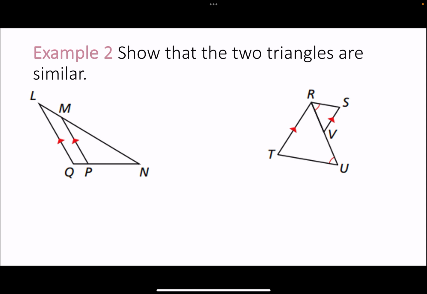In example 2, we aren't given any sides, we aren't given any angles whatsoever, but we are told by these arrows that we have 2 parallel lines. Well, anytime we have parallel lines cut by a transversal, our corresponding angles, same side, same position, have to be congruent to each other. Those are our parallel lines. This is our transversal. Likewise, angle L and angle PMN are also congruent since they're corresponding angles.